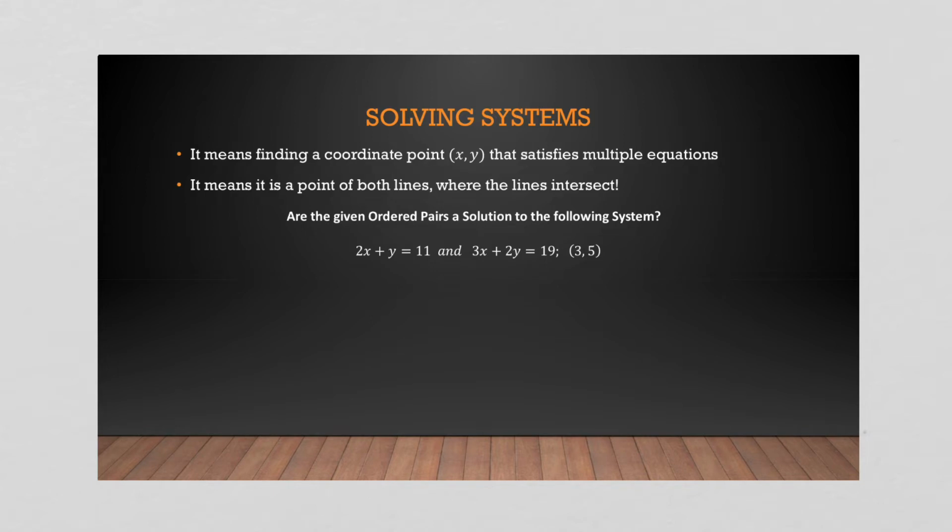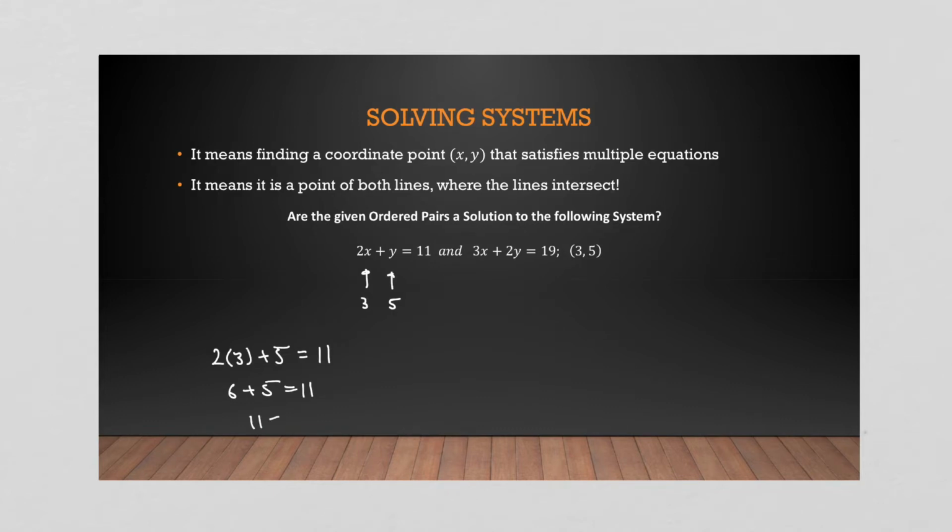So let's try this one. Now our x is going to be a 3 and our y is going to be a 5. So we have 2 times 3 plus 5 is 11. And yes, in fact, that is true. 11 equals 11. So that one's good. Now we check the second one. We plug in a 3 there and a 5 there.